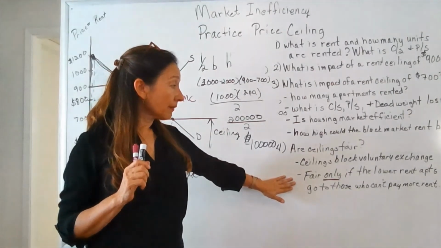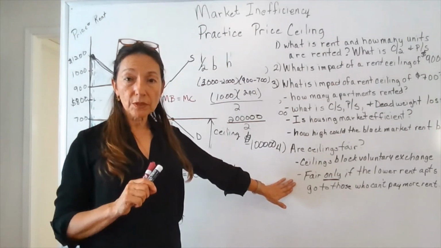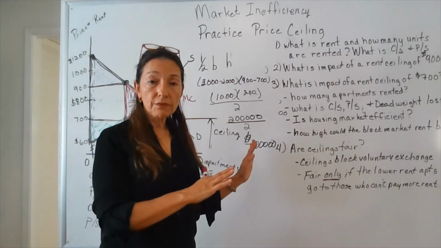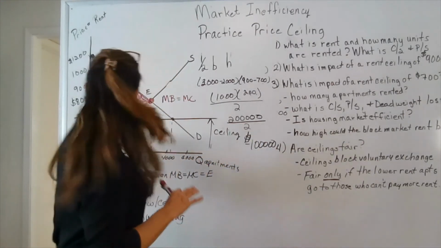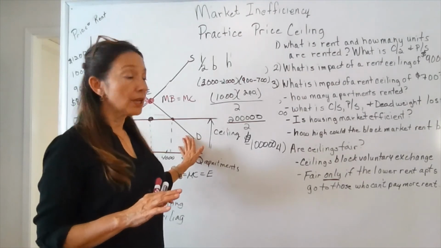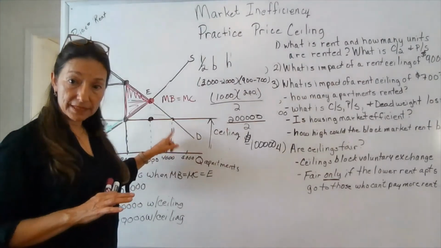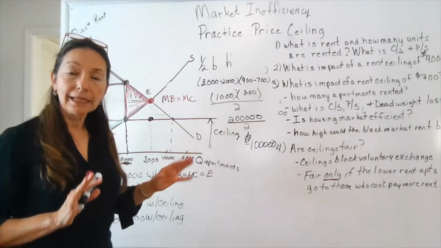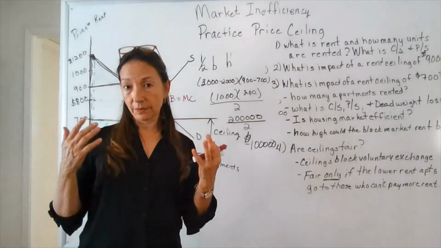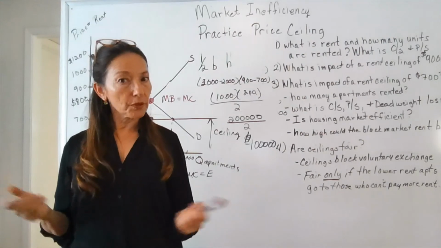Secondly, are they fair? Well, they're fair only if these apartments go to those individuals for whom the $700 a month rent is designed. So if those people over here get the apartments because that's all they can pay, then it's fair. However, our economy works kind of on a first come, first served basis, right?